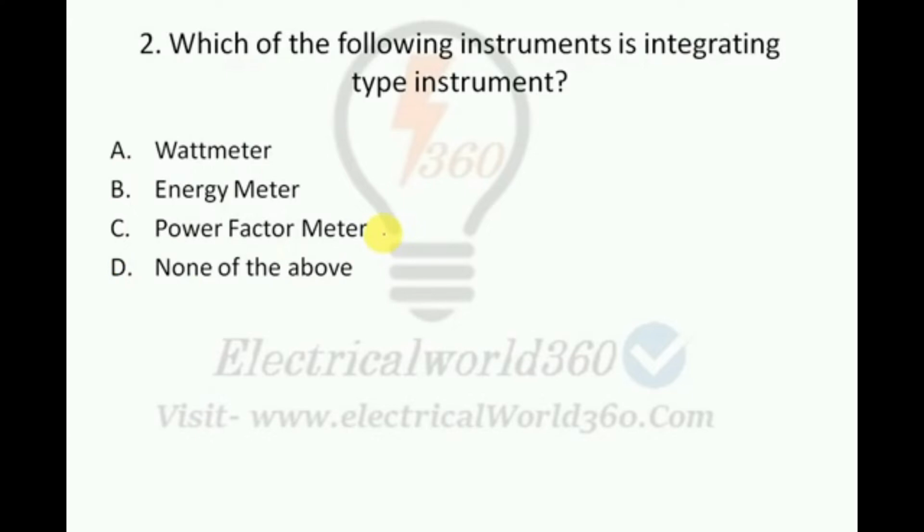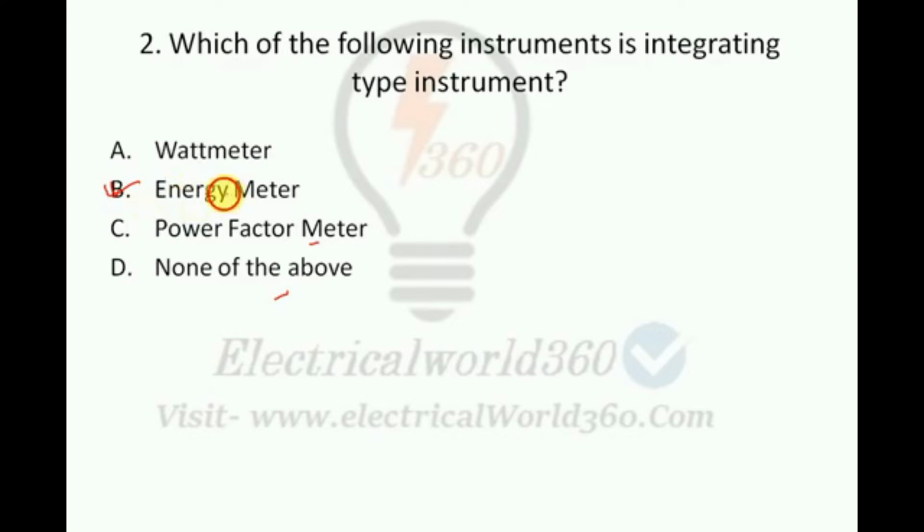This is the question number 2. Which of the following instruments is an integrating type instrument? Wattmeter, energy meter, power factor meter, none of the above. So here the option number B will be the right answer. Integrating type instruments are those instruments which first measure the quantity, then integrate.